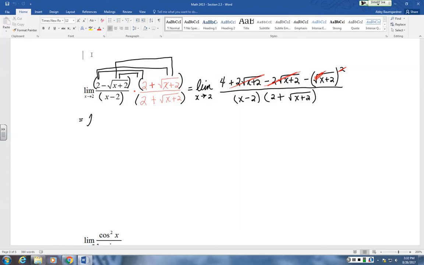So you'll have the limit as x approaches 2. And we'll have 4. And then don't forget this minus sign right here. So it's minus an x plus 2.